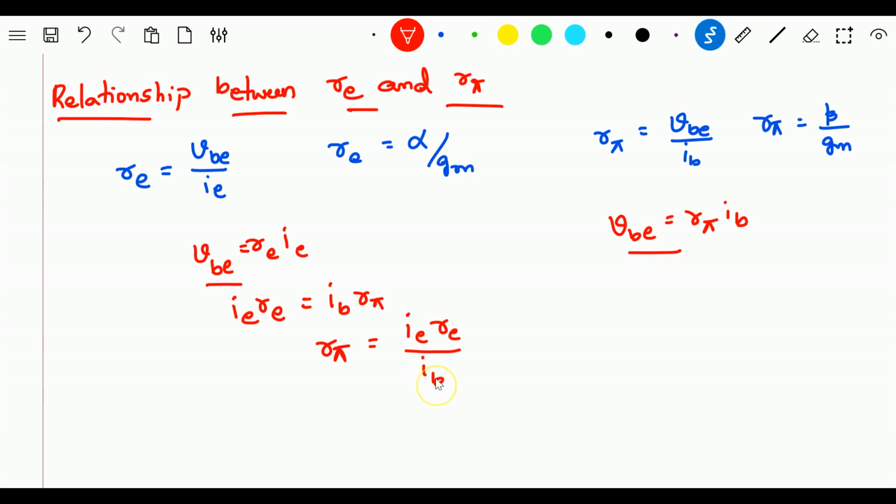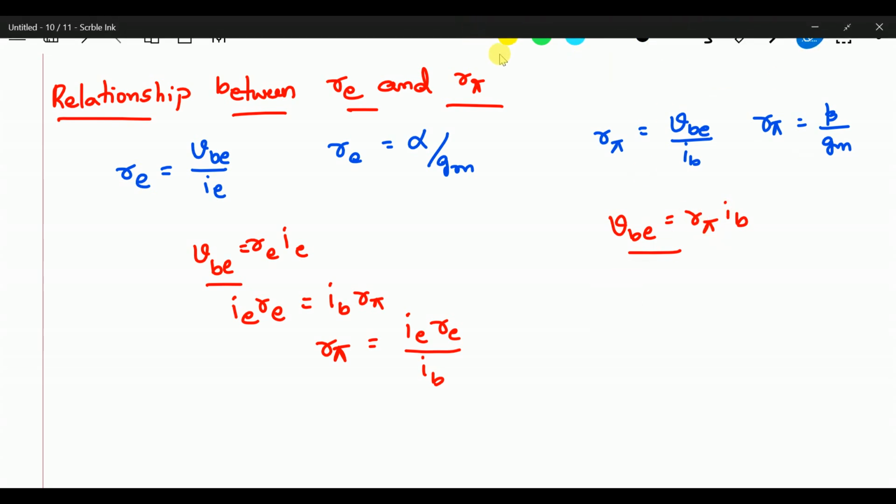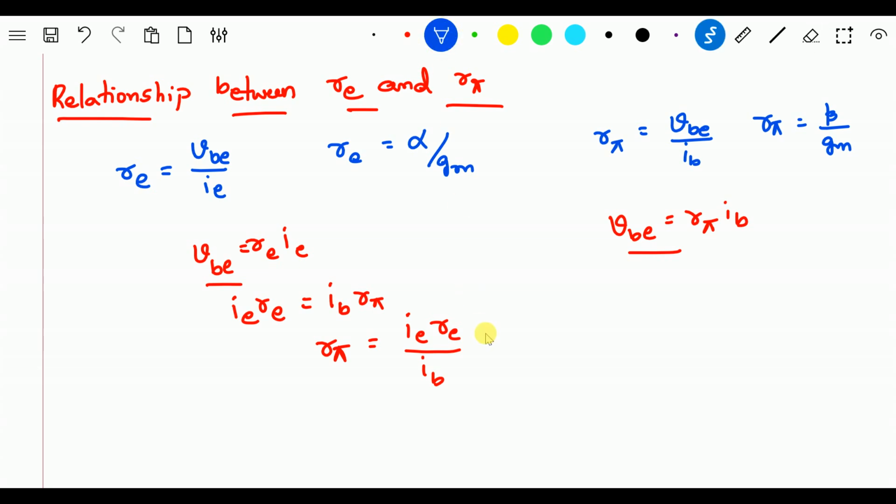If I write it in terms of IE, we discussed earlier, IE can be written as 1 plus beta times IB, right?